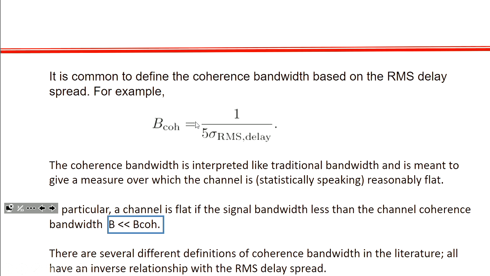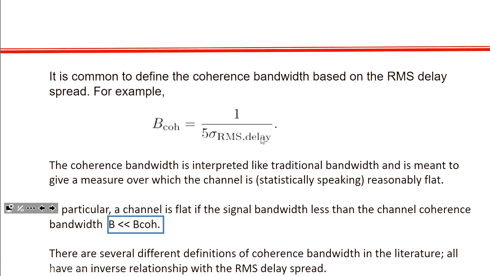There are others which say 90% correlation, but this is the definition based on the 50% spaced frequency correlation property. So we have coherence bandwidth as 1 over 5 times sigma RMS delay.